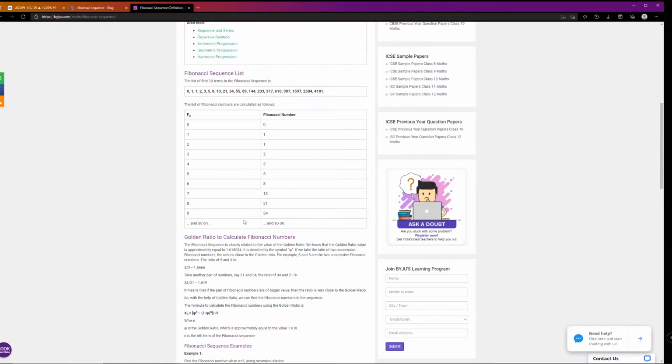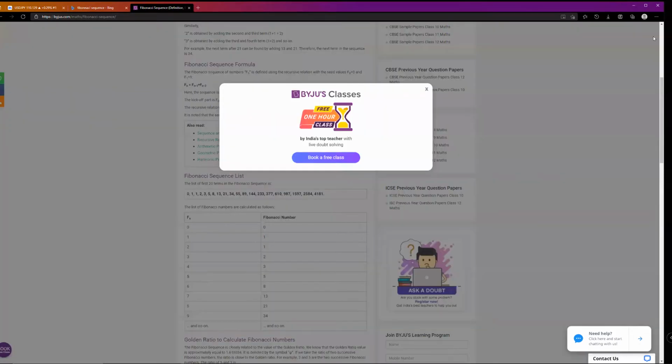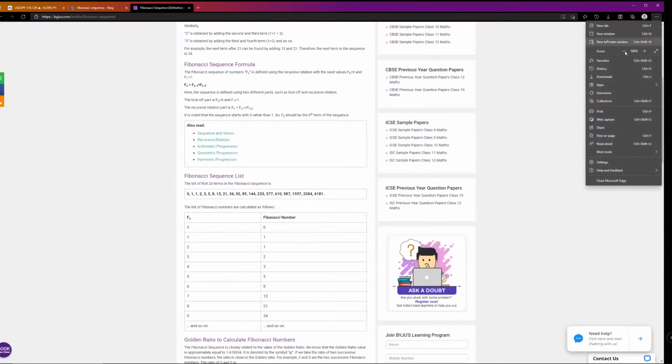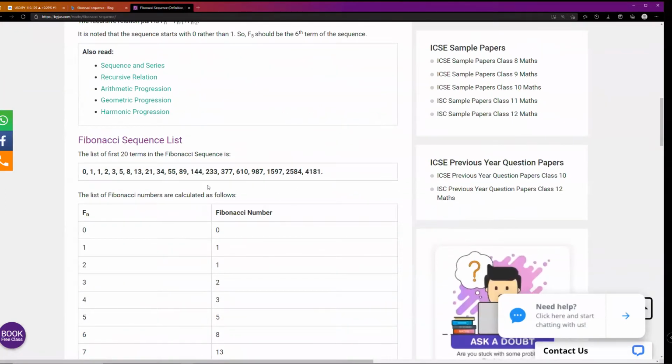Basically, Fibonacci numbers go in a sequence, and it's like 0, 1, plus it. All right, let me zoom in for you so you can see it. It's pretty straightforward and simple. I just want you to understand it. So when they have this sequence, let's just say 0, 1, when you add them, it equals 1.